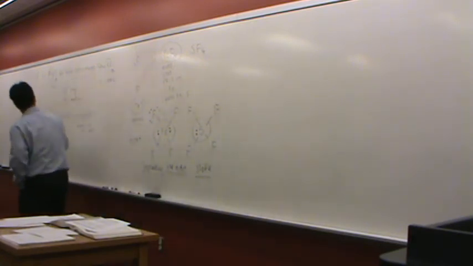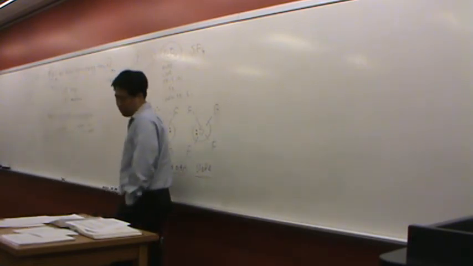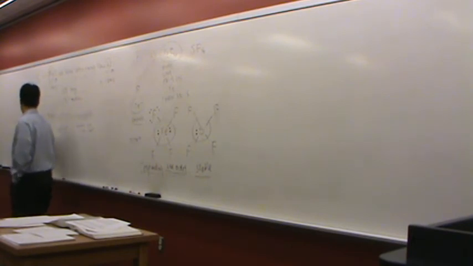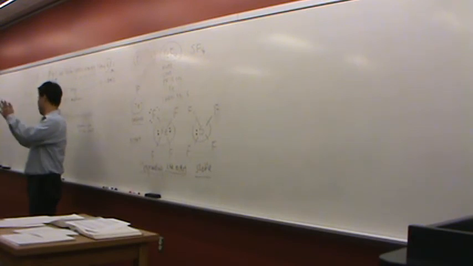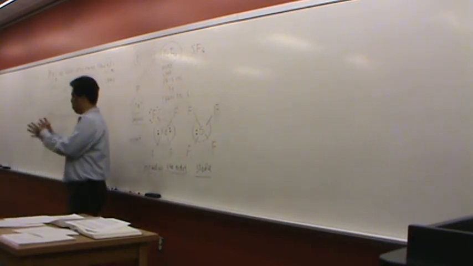But I guess the key here is that, let's say you start off with copper. You start off with a block of copper, a cube, a pretty reasonable sized cube of copper.